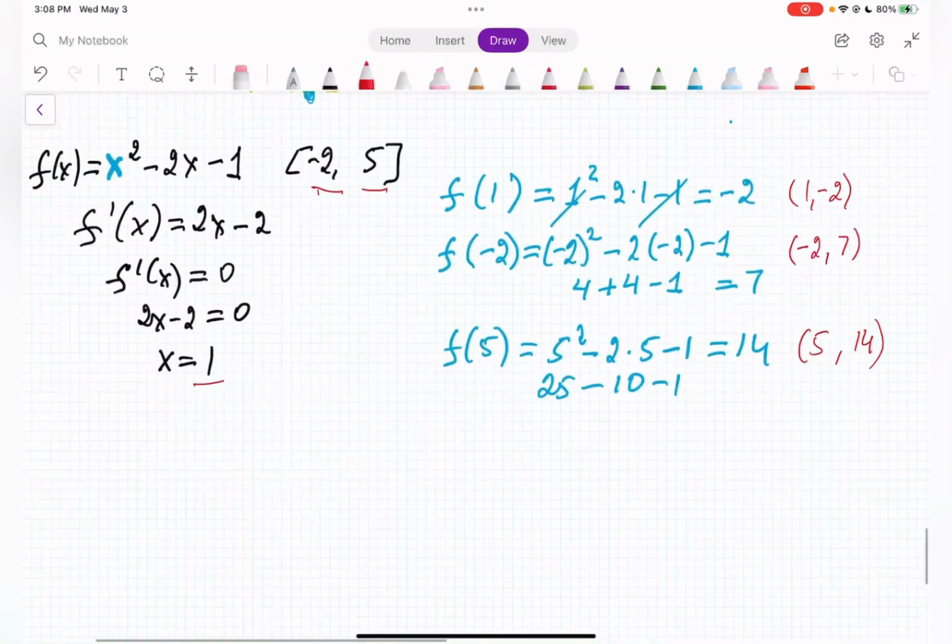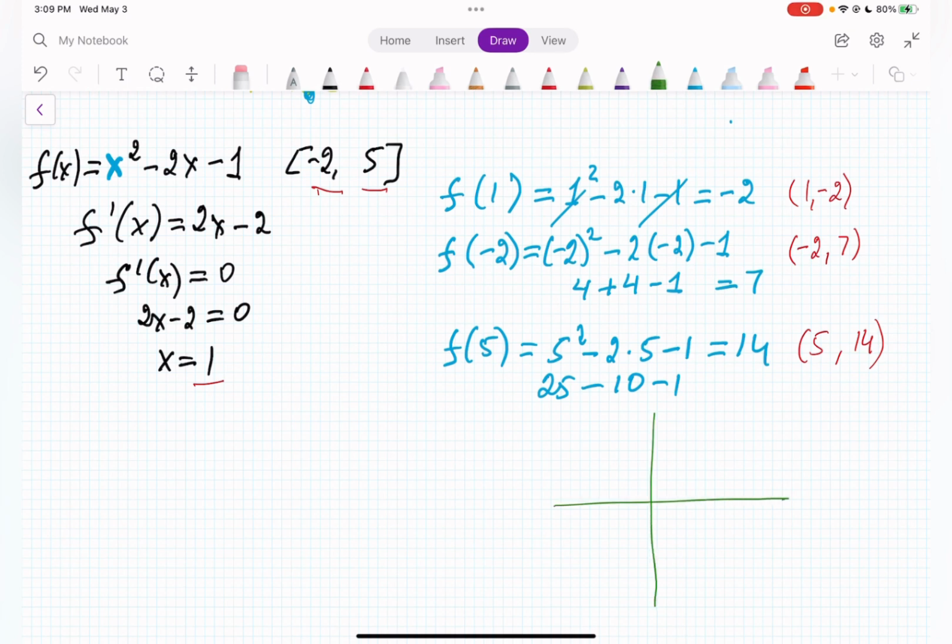Which point is going to be lowest if I put the points on the graph? So 1 and negative 2. And then negative 2, positive 7. And third one, 5, and positive 14.